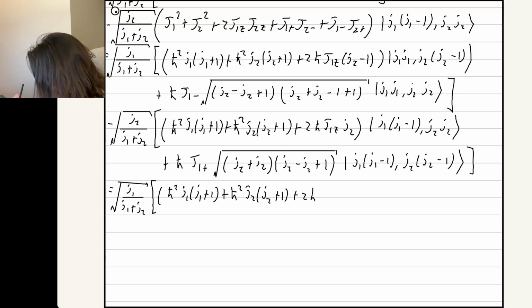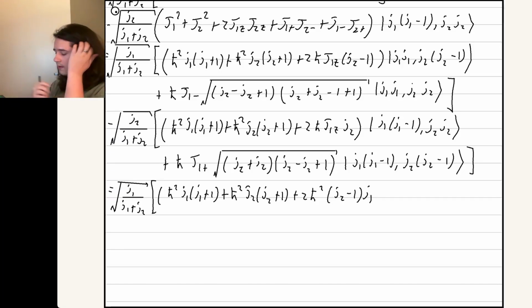Plus 2, now it's h bar squared, j2 times, or actually j2 minus 1 times j1. Okay. All of that working on j1, j1, j2, j2 minus 1.